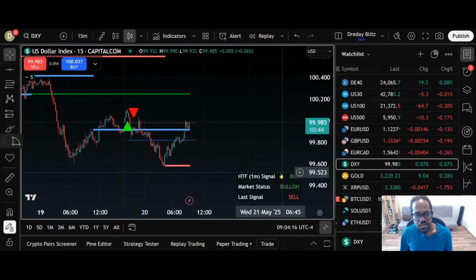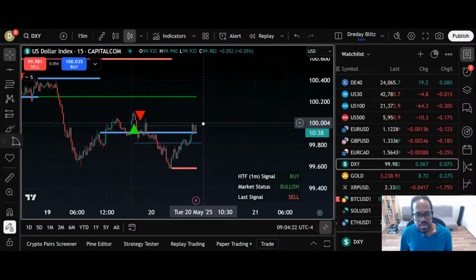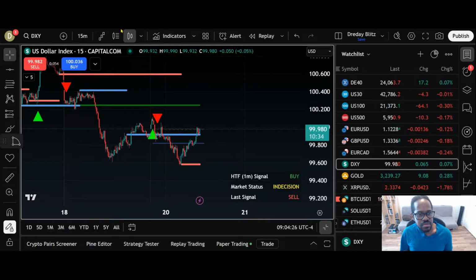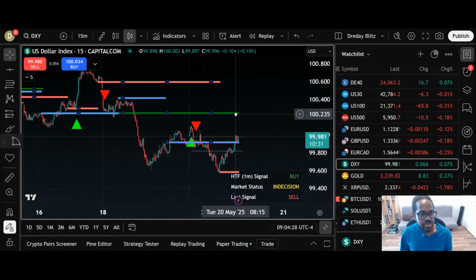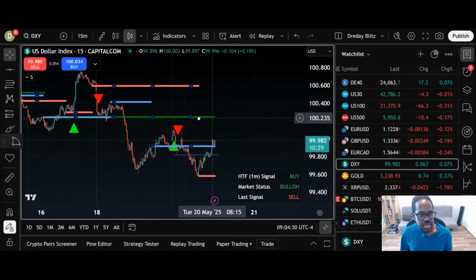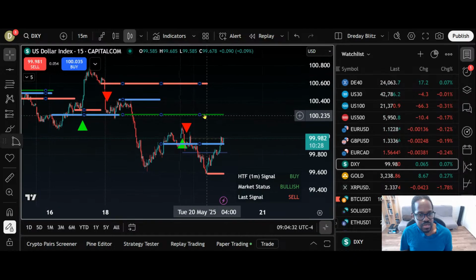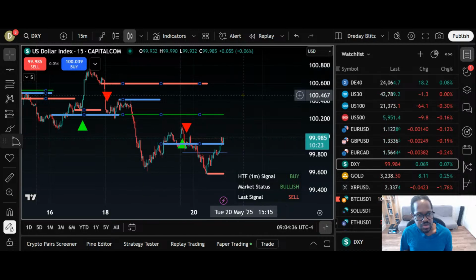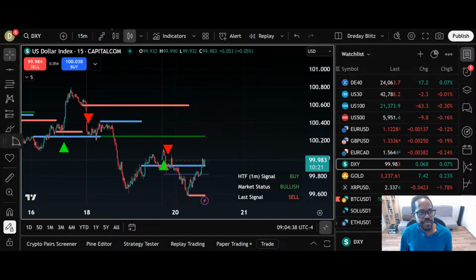So you see, you have a buy 1 minute signal, and it's bullish. So right now we're waiting for the 50-minute to confirm that DXY is actually going up. But it's doing a W right now, so expecting it to go up for a continuation.